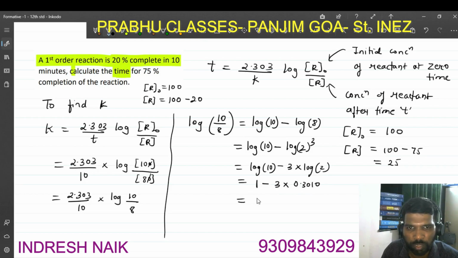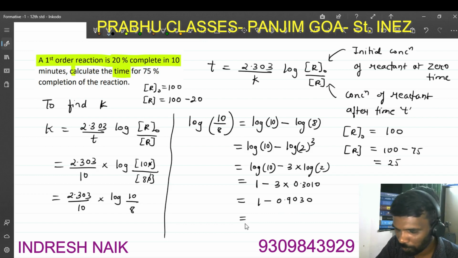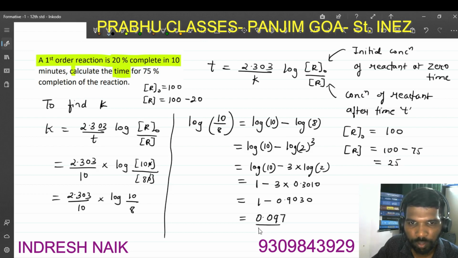So this is 1 minus 0.9030, and the answer will be 0.097. This will be the answer, so I'll substitute it over here.